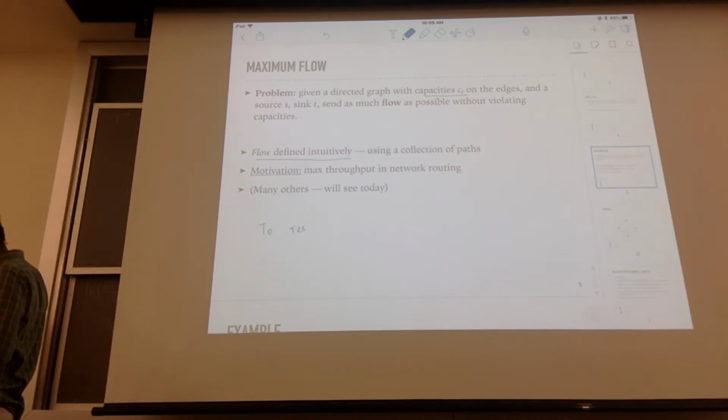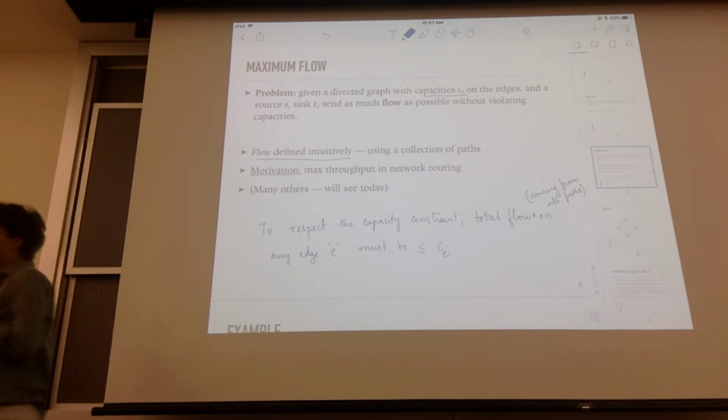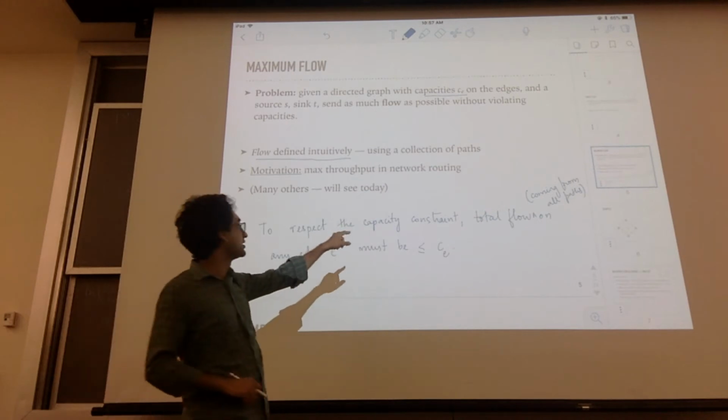To respect the capacity constraint, the total flow coming from all the paths that use any edge E must be less than or equal to C sub E. So this is what the capacity constraint means.